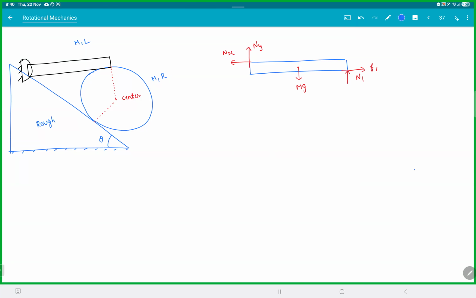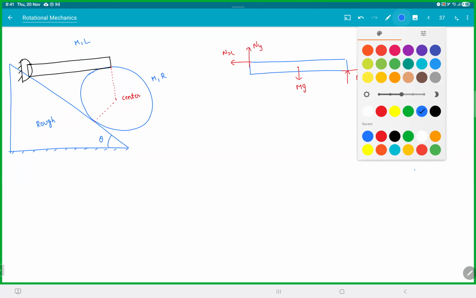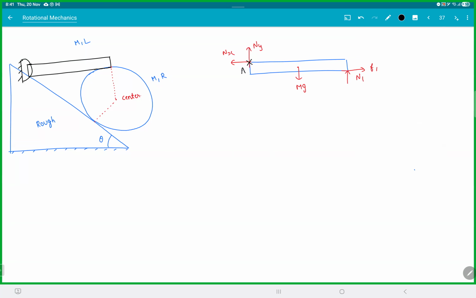Now balance the forces in the vertical direction. Do we need to do that? We can do that, but I'll just take torque about point A. Torque due to Nx, torque due to Ny, torque due to F1, torque due to mg, and torque due to N1 must be 0 because the rod is in equilibrium. Nx, Ny and F1 are gone because all are passing through the axis.